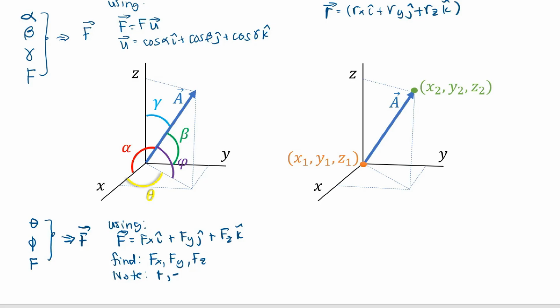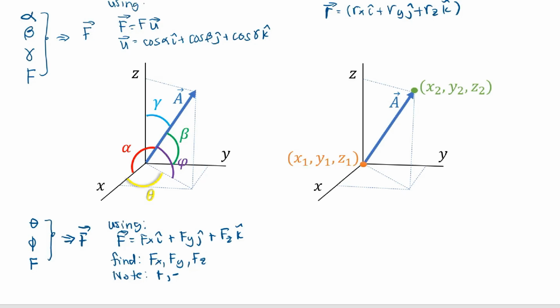Remember, the head is the final position and the tail is the initial position, so that is final minus initial position. How do we get Rx again? That will be x2 minus x1. How to get Ry? That is y2 minus y1. And how to get Rz? That is z2 minus z1.